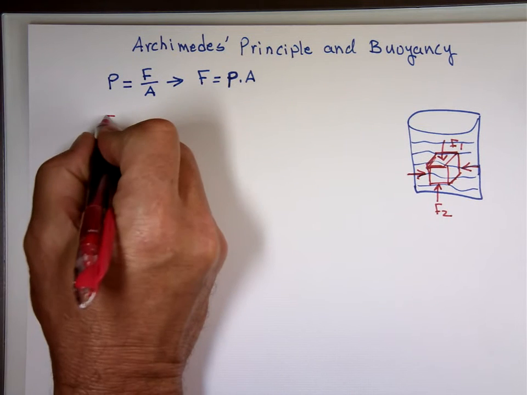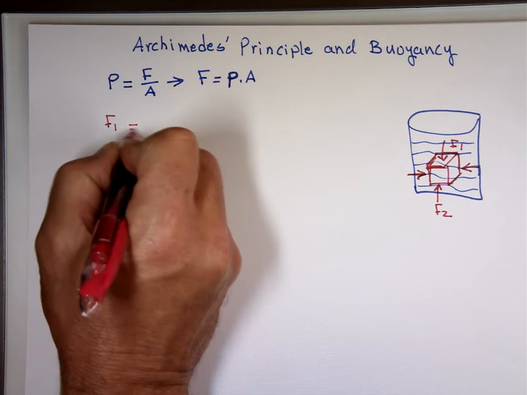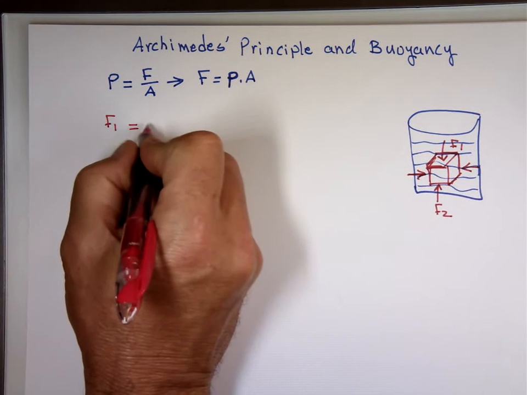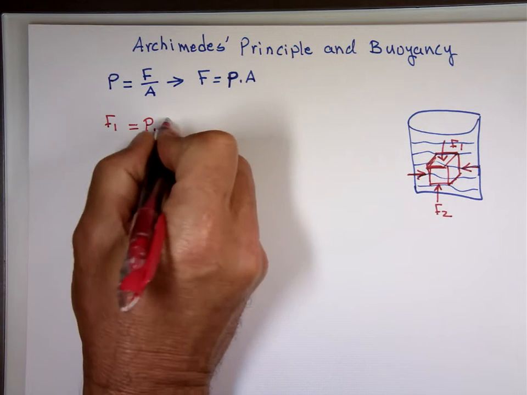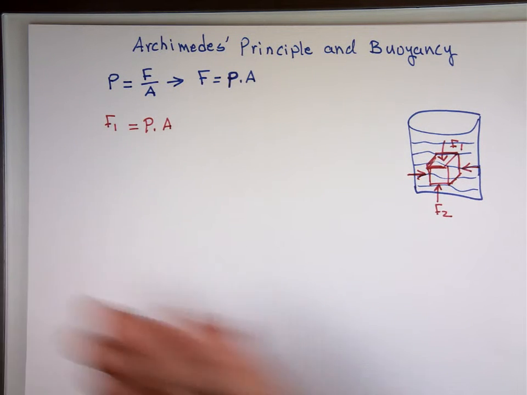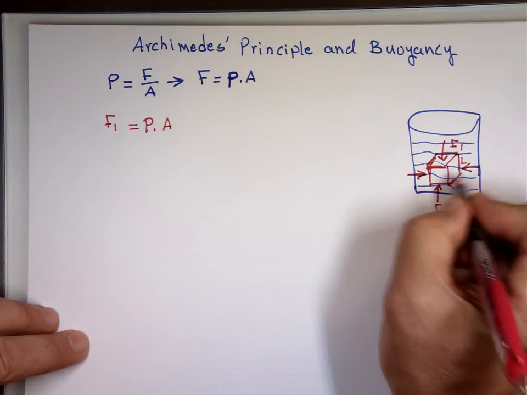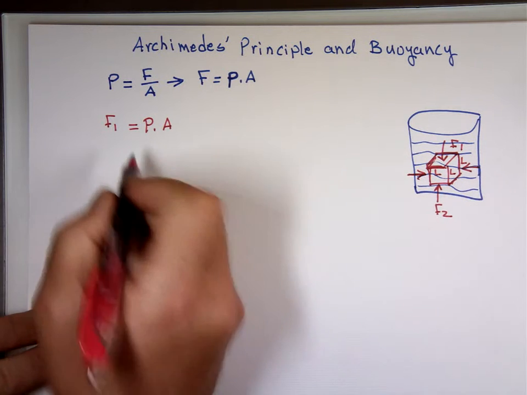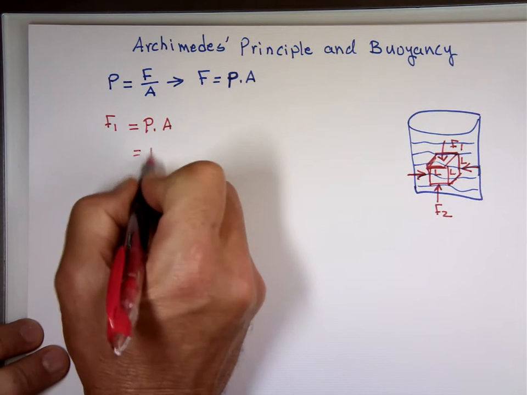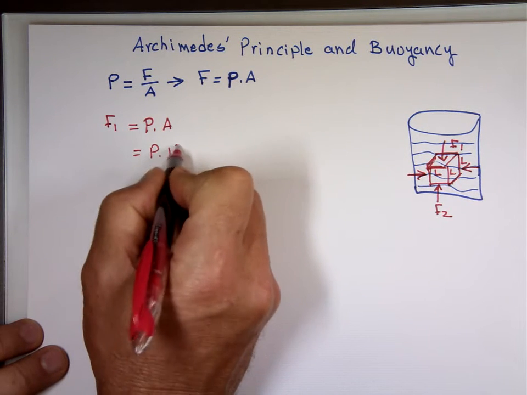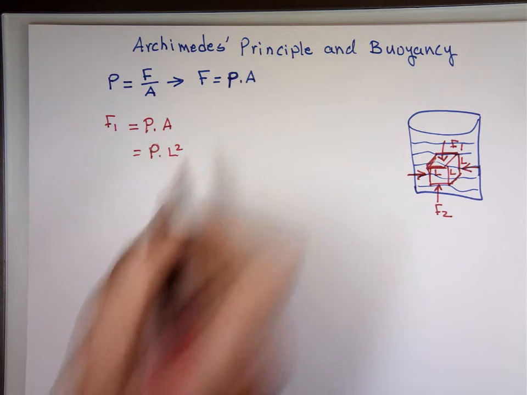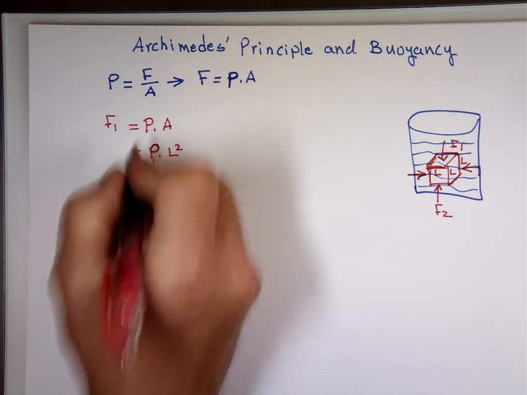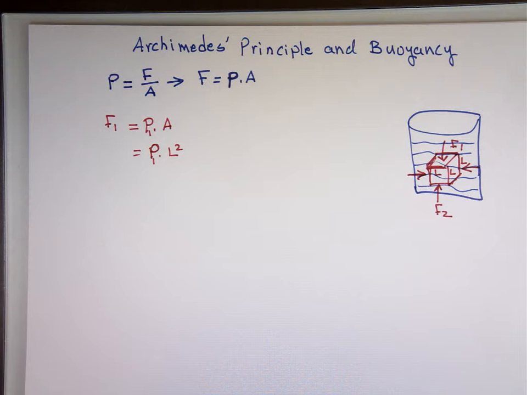Force 1 pushing down must equal the pressure at that point, pressure 1, times the area. And if that's a cube, let's give it a dimension, length L, width L, height L. The area will be what? L squared. Force 1 equals P1 times L squared, the pressure from the top.